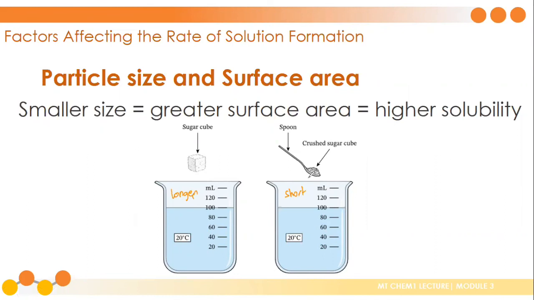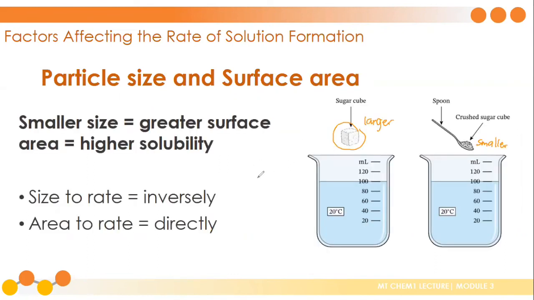That's because, let's take a look at this one. Size to solubility rate is inversely proportional. That means the larger the size, the slower, or the lower its solubility rate is. Let's say, for example, in this sugar cube and granulated sugar.